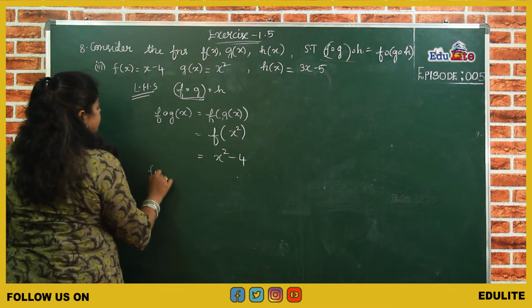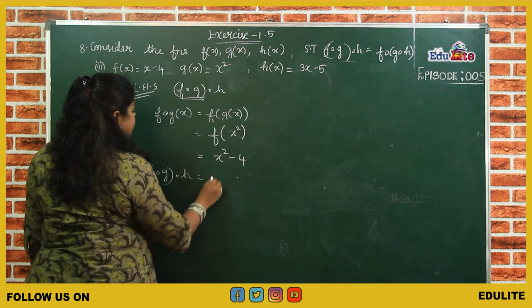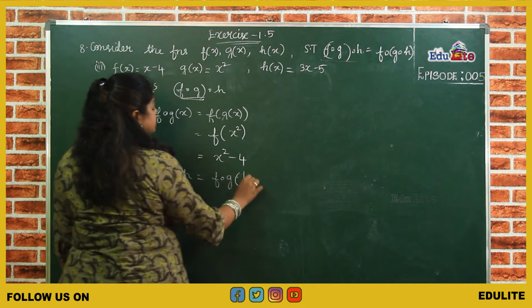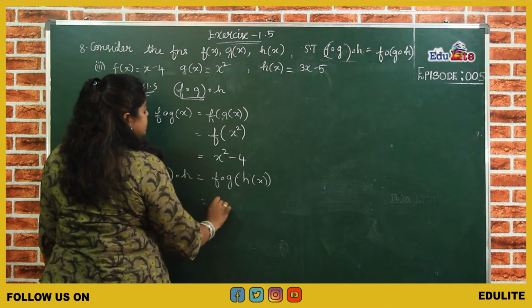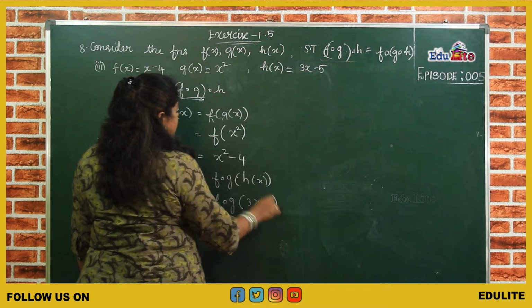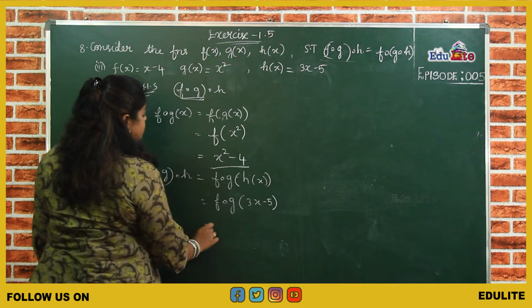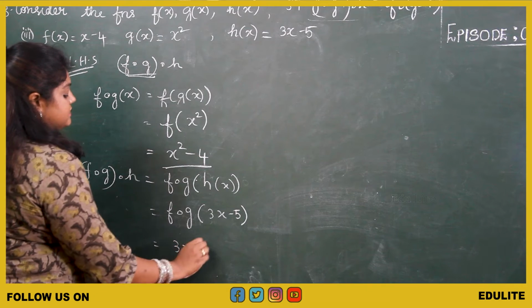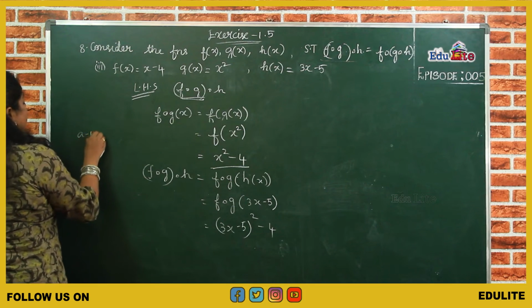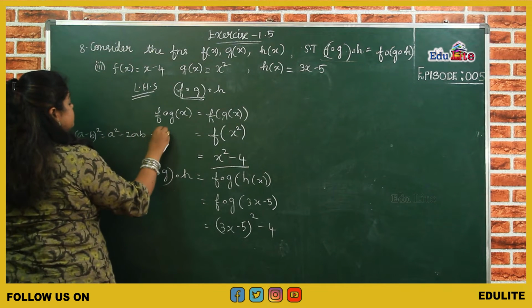Next, f composite g composite h can be written as f composite g of h of x, whereas h of x value is 3x minus 5. In this function, that is f composite g, instead of x we have to substitute 3x minus 5. So (3x minus 5) whole squared minus 4. (A minus b) whole square is equal to a squared minus 2ab plus b squared.